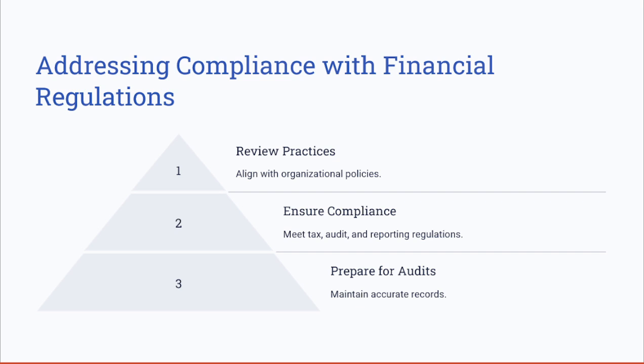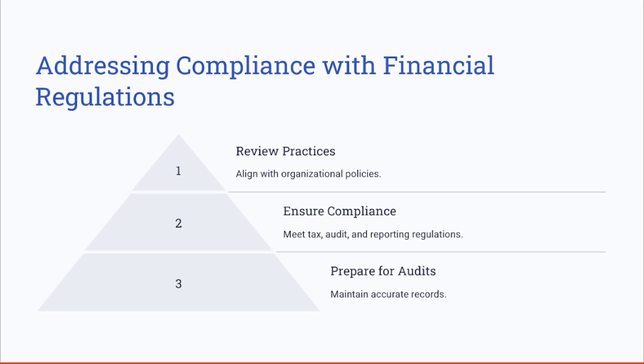To address compliance with the financial regulations: compliance with the financial regulations is a crucial aspect of closing out the budget processes. This involves reviewing the financial practices to ensure they align with the organizational policies, and also with the external requirements, such as tax regulations and audit standards.